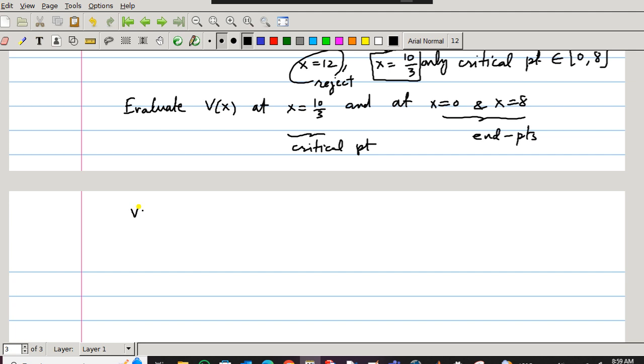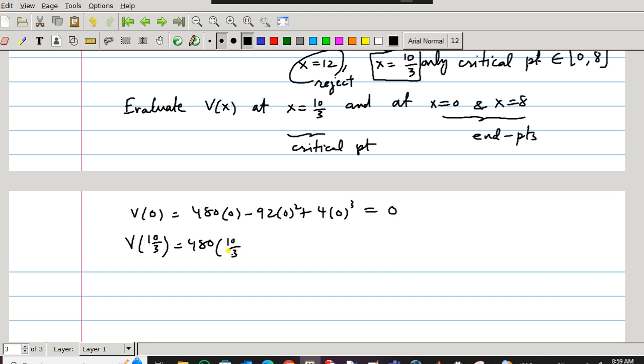So let's do that. V at 0, V is 480x minus 92x square plus 4x cube. So that is 0. Now V at 10 by 3: 480 into 10 by 3 minus 92 into 10 by 3 square plus 4 into 10 by 3 cube.